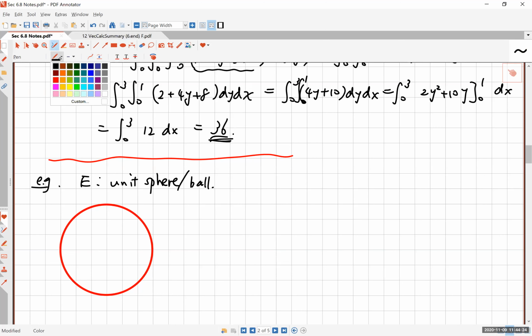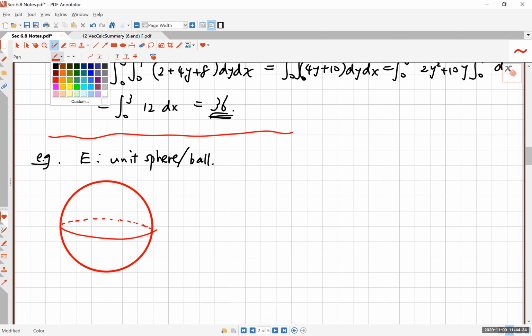So I will call this the solid ball, and you can see the equator. Without this equator, it just looks like a circle. So I like to make it look like a real three-dimensional ball by having this thing in here. I hope you caught what I just said. When I say the ball, I mean solid ball.